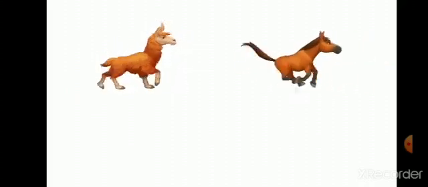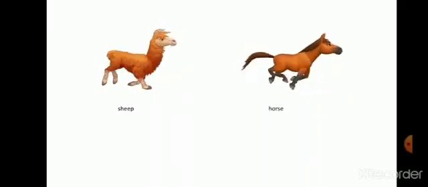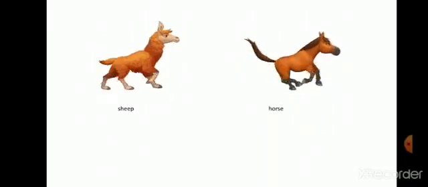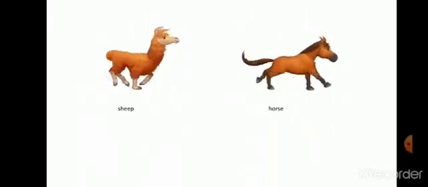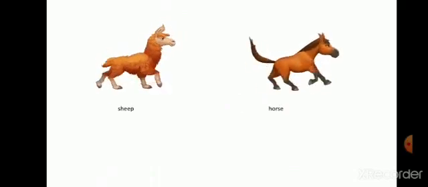This is one animal and this is another animal. What are their names? Come on, guys. Yes, the first is a sheep. Yes, you are right. And what is the second? The second is a horse. Now these two animals you have to join by using the word and, that is called a joining word. How will you do it?